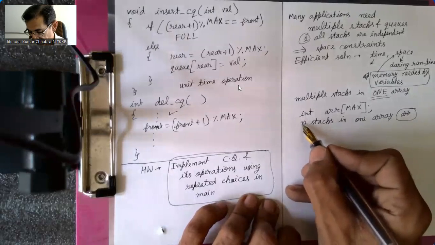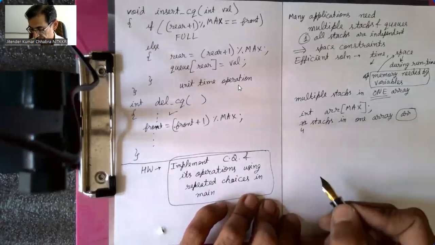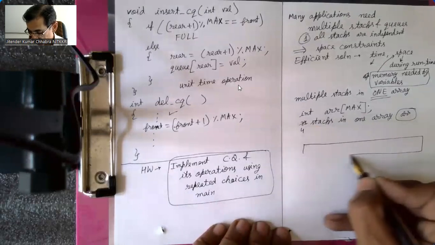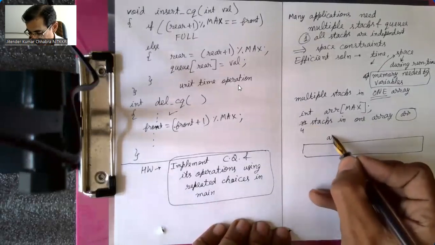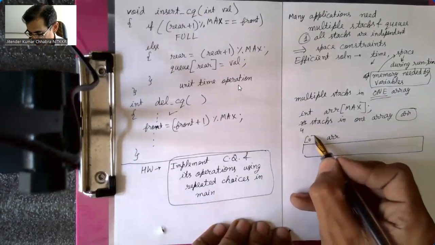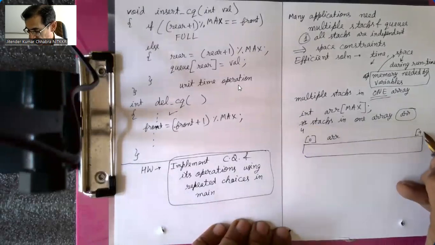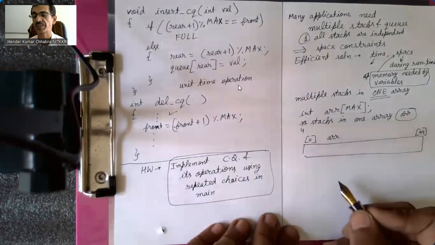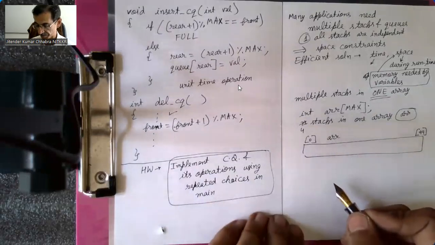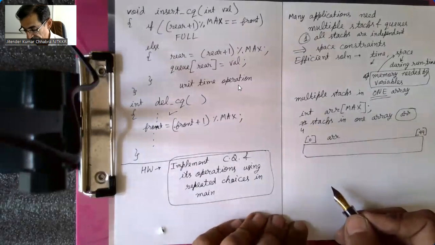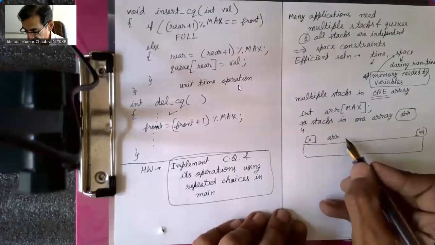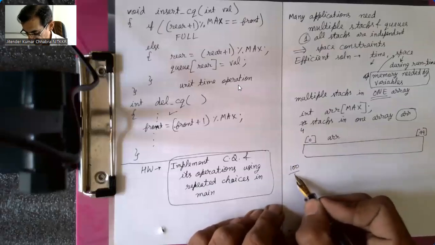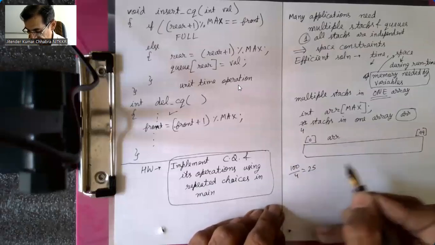Let's say I take n to be 4. Let's assume I have this array, ARR, 0 to, let's say, 99. So total 100 elements are there. And I want 4 stacks to be implemented here. If I say 4 stacks, so ideally I will say 100 by 4 means 25.